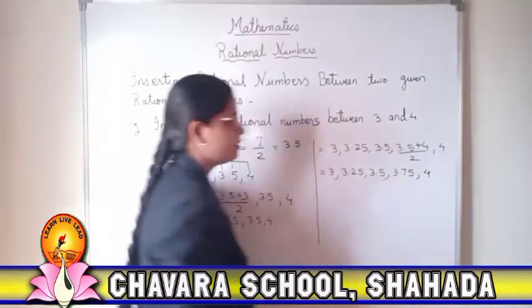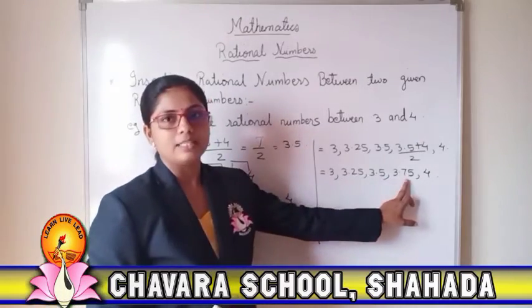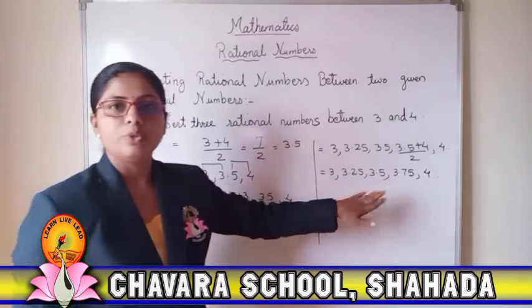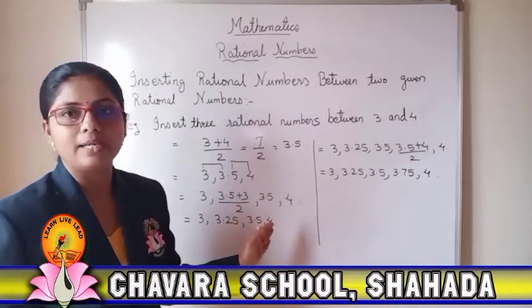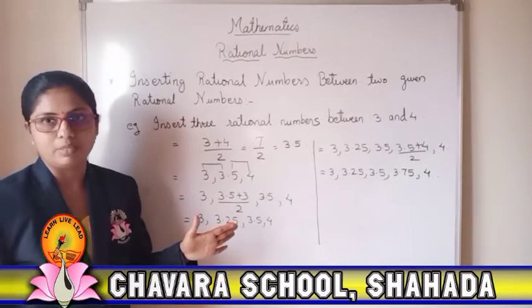The next is 4. So here we can see these three numbers are inserted between 3 and 4. This is the way of inserting numbers between two given numbers.